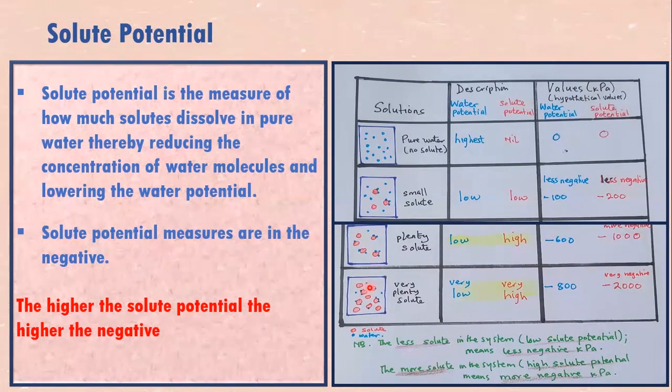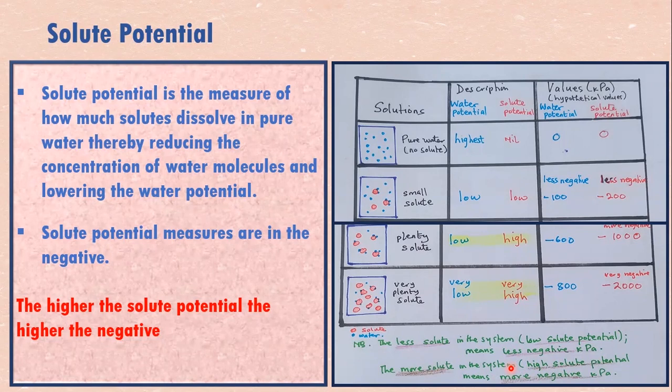So here is plenty of solutes and very low water potential, but very high solute potential, so the solute potential will be greatly more negative. So that is solute potential values. The less solute in the system, the lower the solute potential, the less negative. The more solute in the system, the higher the solute potential, it means more negative pascals.